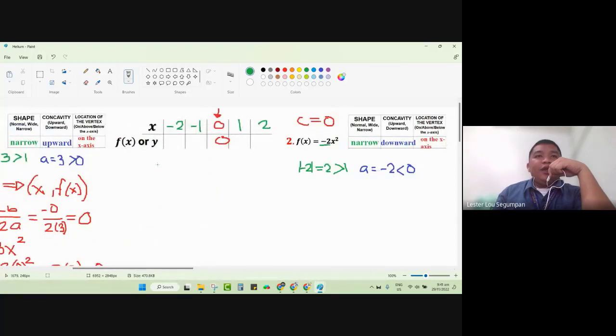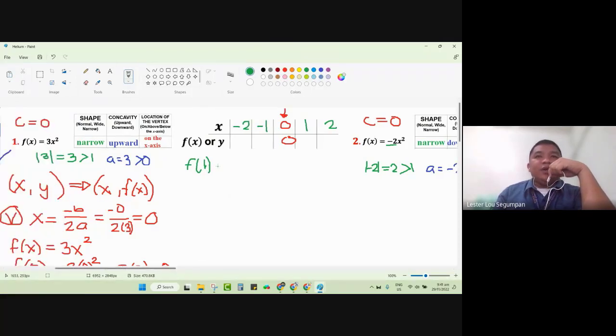So if we're going to try f of 1 in our given, which is 3x squared, it's just simply saying 3 times 1 squared, right? Which will give you 3 times 1, and we get a value of 3.